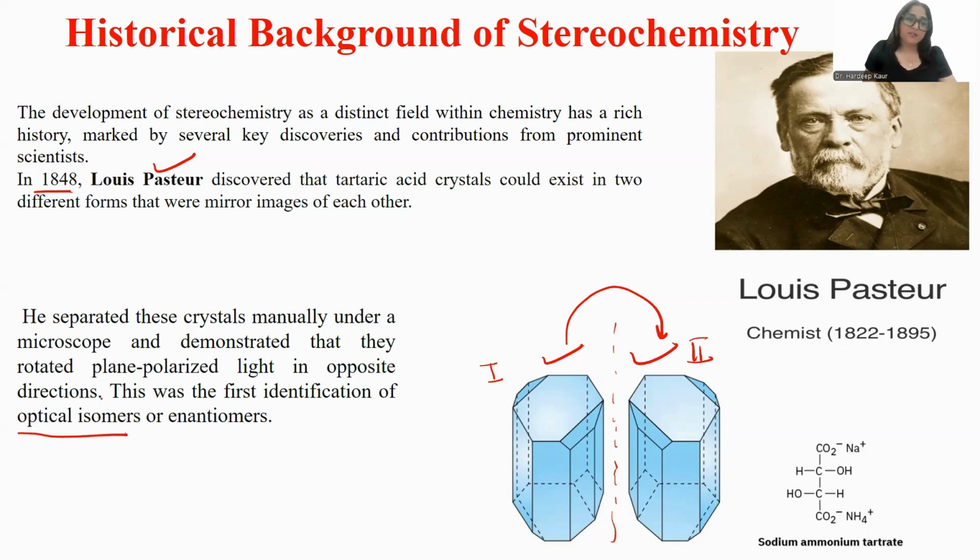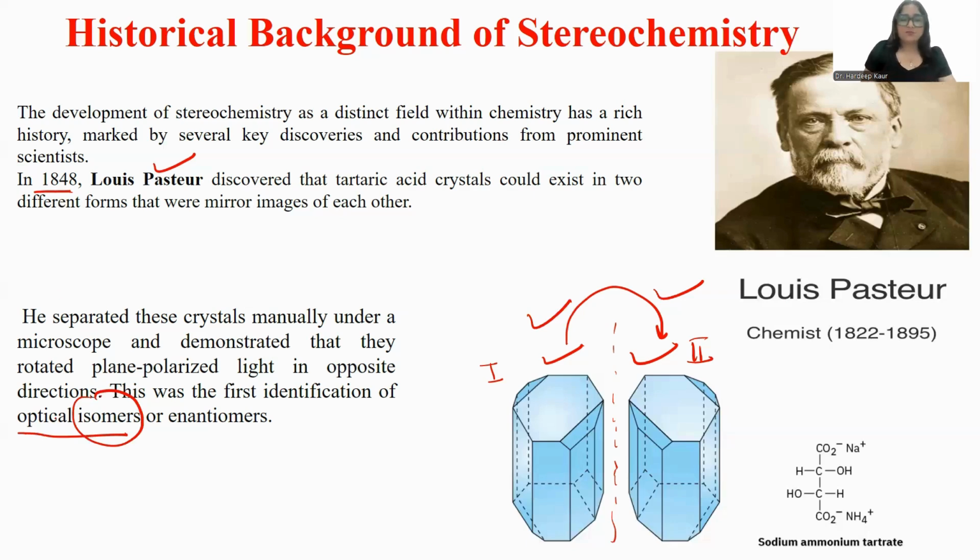First of all, you should know what isomers are. Isomers have the same molecular formula but a different structure. They have the same number of carbon, hydrogen, and oxygen, but the structure is different from each other.